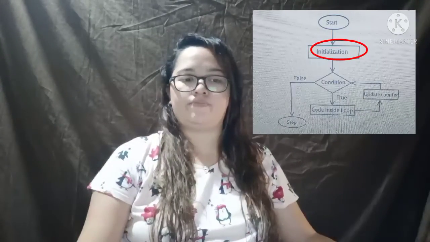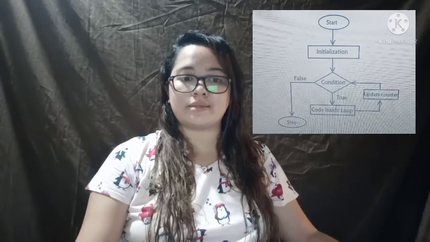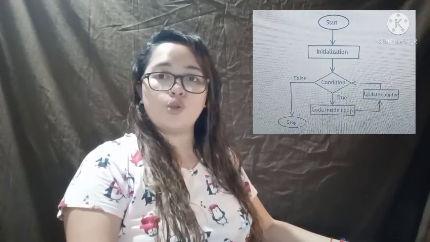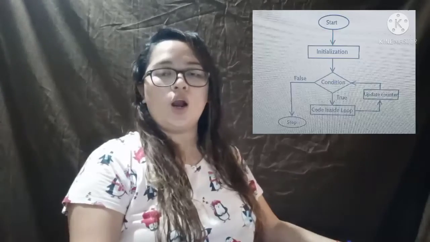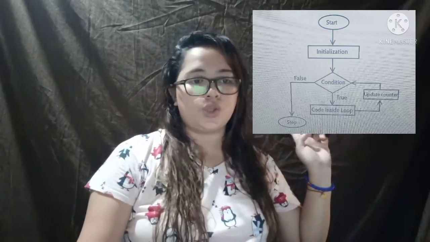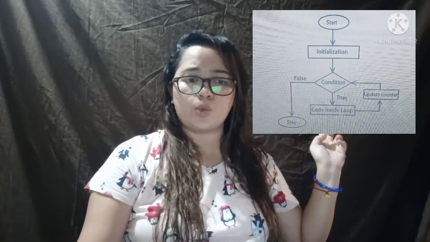So first, I'm going to show you. The first step in a loop is initialization. It happens first and only once, which means that the initialization part of a for loop only executes once. The second step is the condition. The condition is evaluated on each loop iteration.